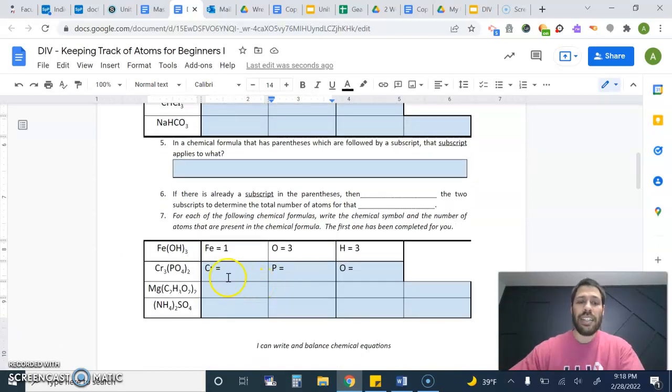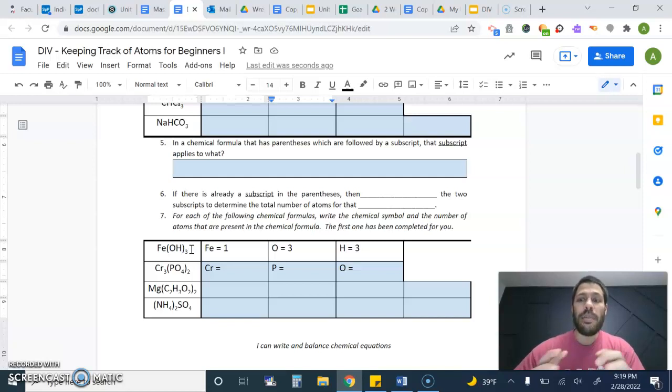Let's take a look at the very first example again done for you. Fe(OH)3, and the OH is now in parentheses. The subscript on the outside, that 3 there, only applies to the element right before it within the parentheses.